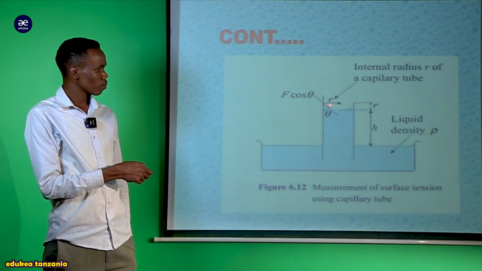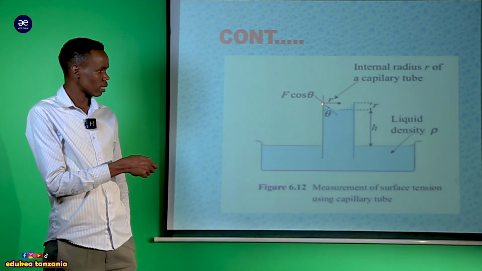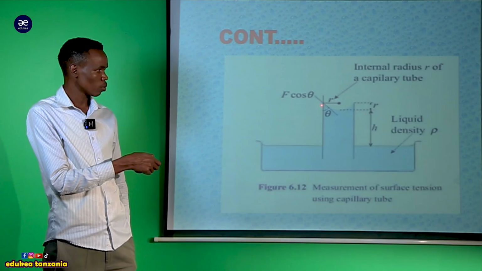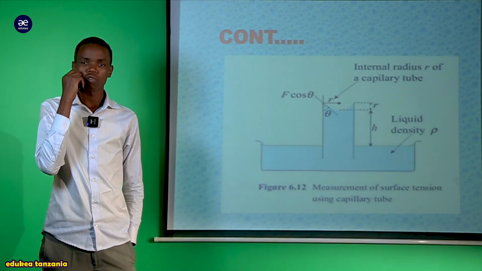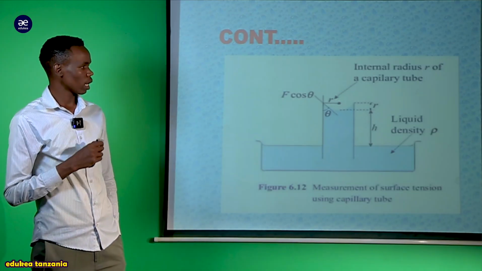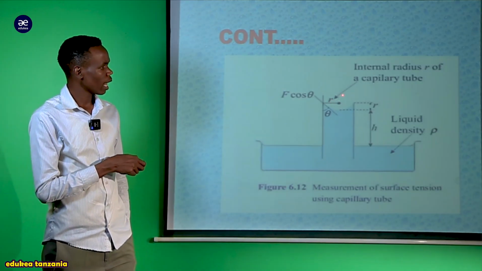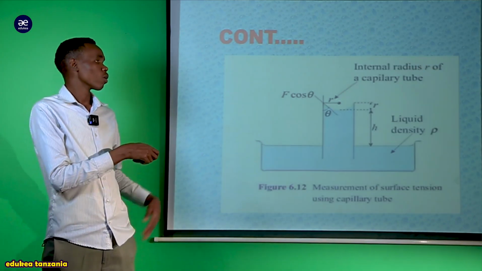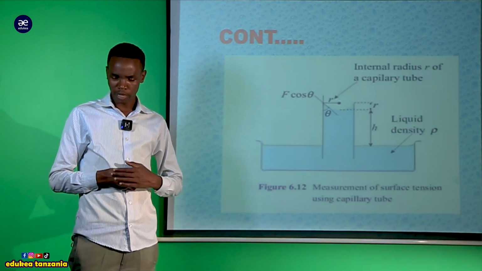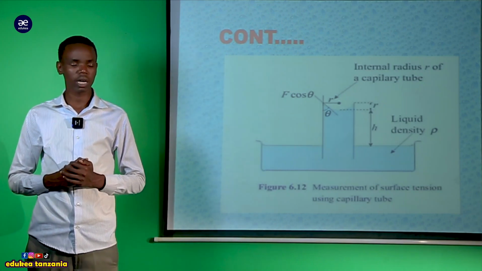The distance from this point of the tube up to the center represents the radius of the capillary tube, where R means the internal radius of the capillary tube, as we see here.